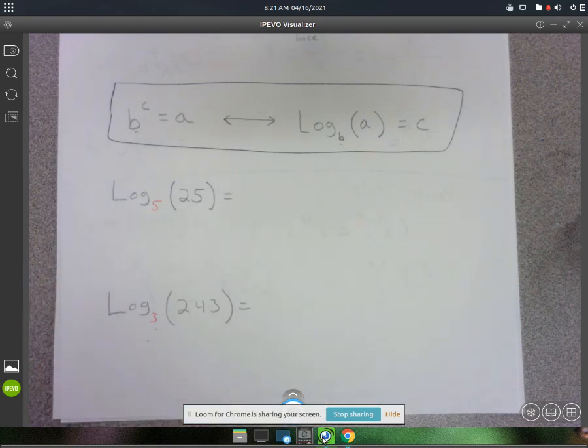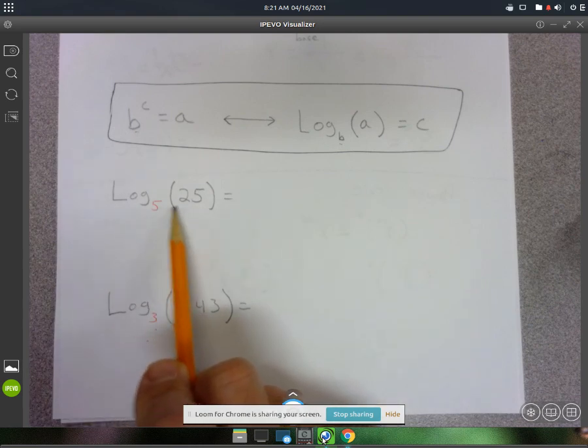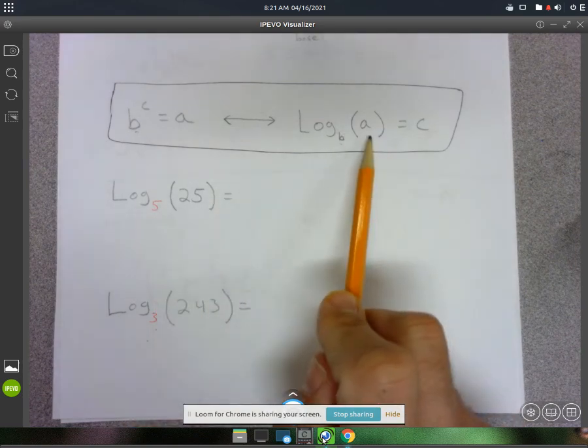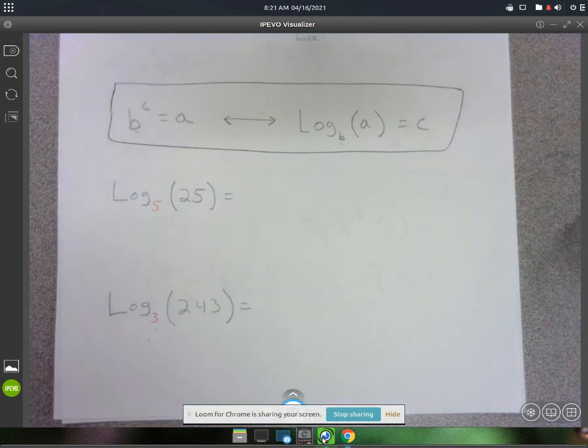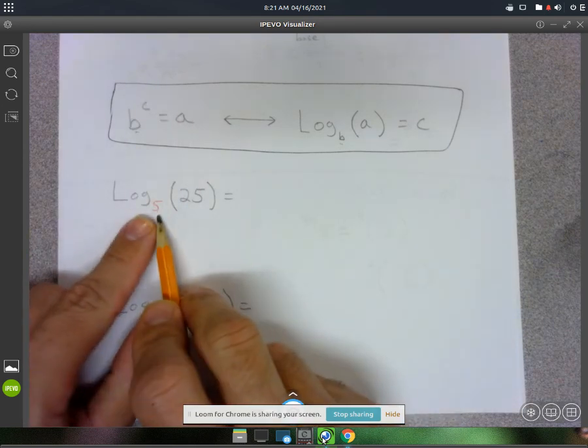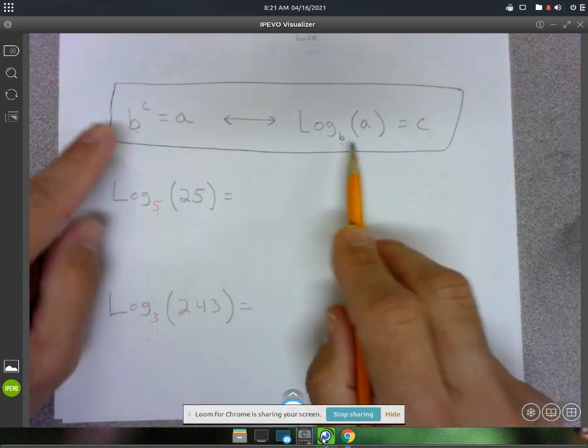You might already have the hang of this, but what you can do is try to rewrite it in exponential form. So 5 is my base, so 5 is going to be my b.